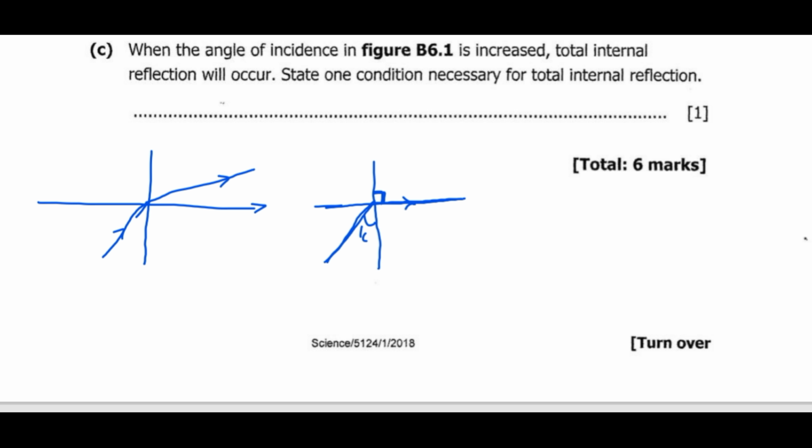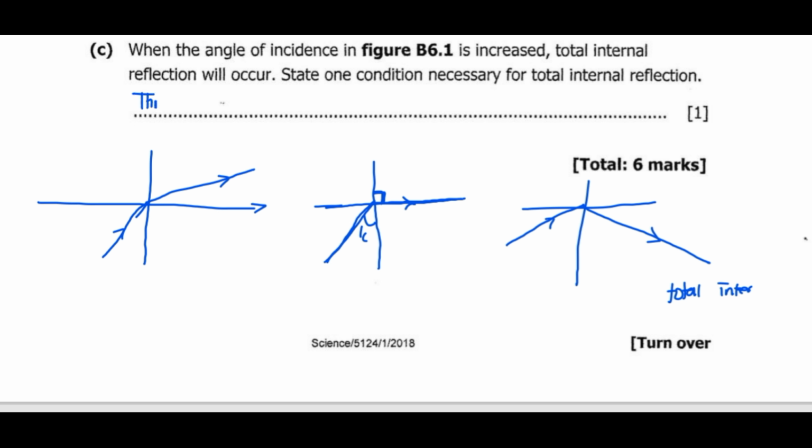Then what happens if we exceed the critical angle? If we exceed the critical angle, instead of bending this time, the ray of light will bounce back. So this is what we call total internal reflection. So how and when do we get total internal reflection? This is just when the angle of incidence is greater than the critical angle.